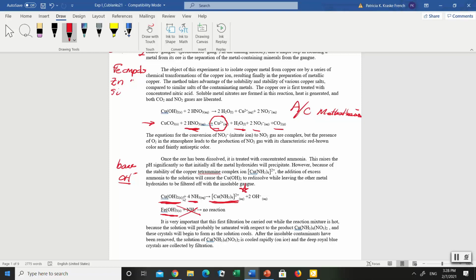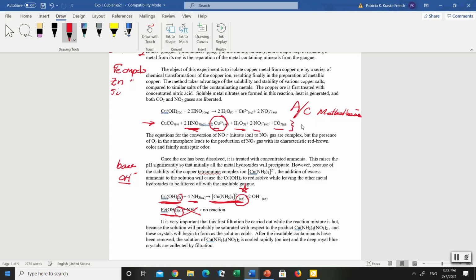See, the copper 2 hydroxide is a solid, as are these other metals. When you add the ammonia, that dissolves our copper hydroxide and creates this copper tetraamine complex ion, which is aqueous. So now I can filter. Up here I could filter to get rid of the sand.